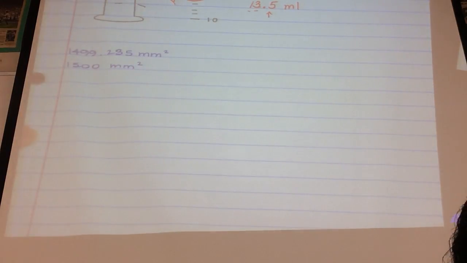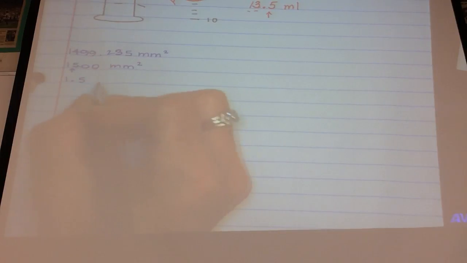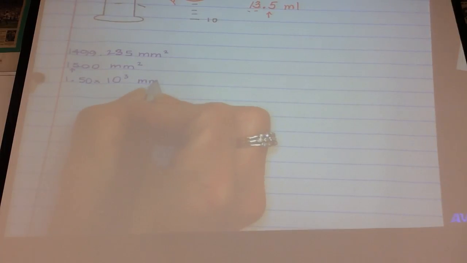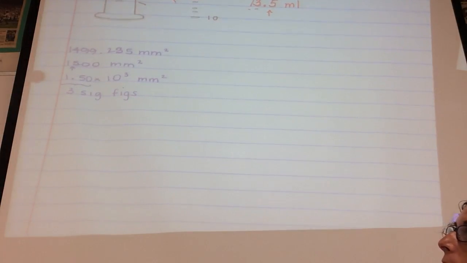But how many sig figs is that? 2. So if I'm putting the decimal place here, which I would after the first integer, I've got 1, 2, 3 positions, 10 to the 3rd millimeters squared, and I did need 1.50 because I needed 3 sig figs. So sometimes you do have to go into scientific notation.